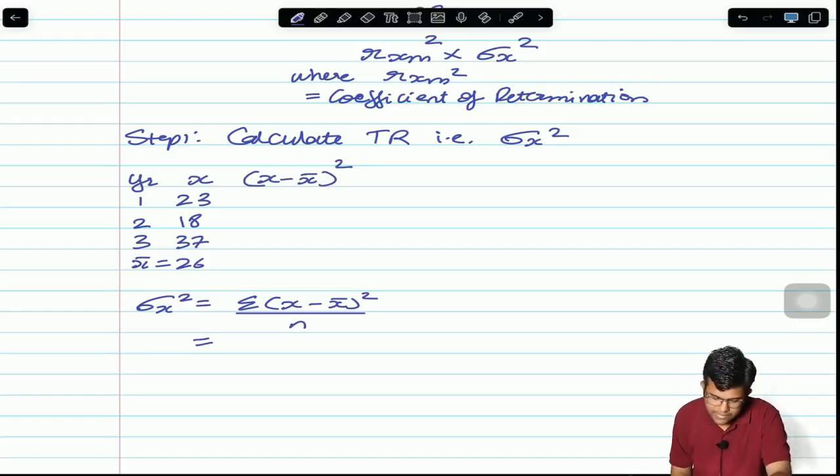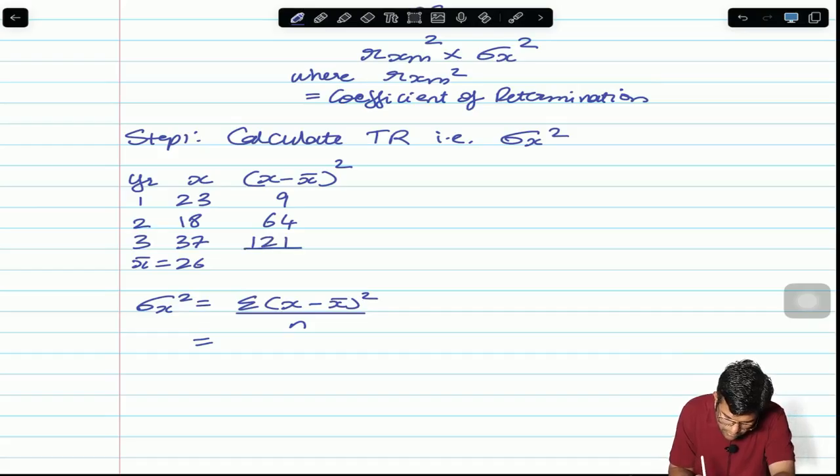So 23 minus 26, 3 square 9, 18 minus 26, 8 square 64, 37 minus 26, 11 square 121. 121 plus 9 is 130, 130 plus 64 is 194.